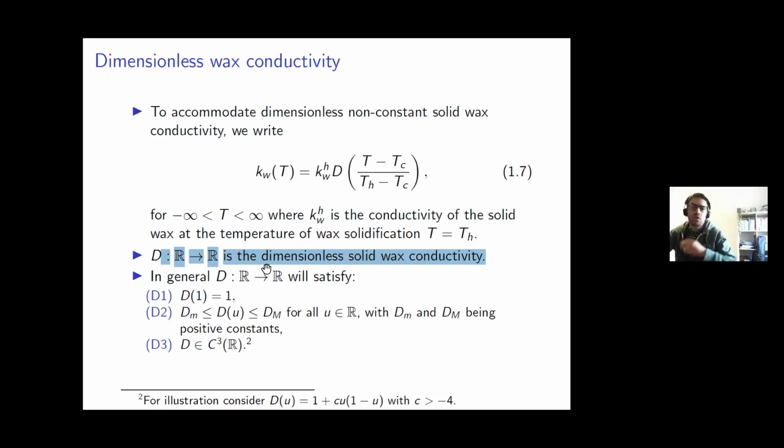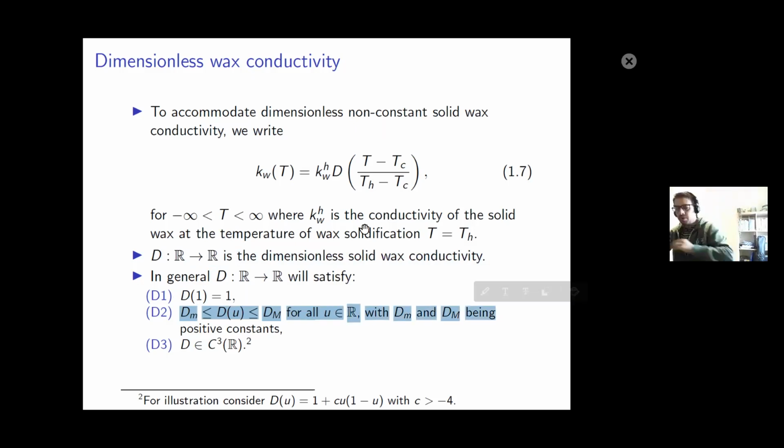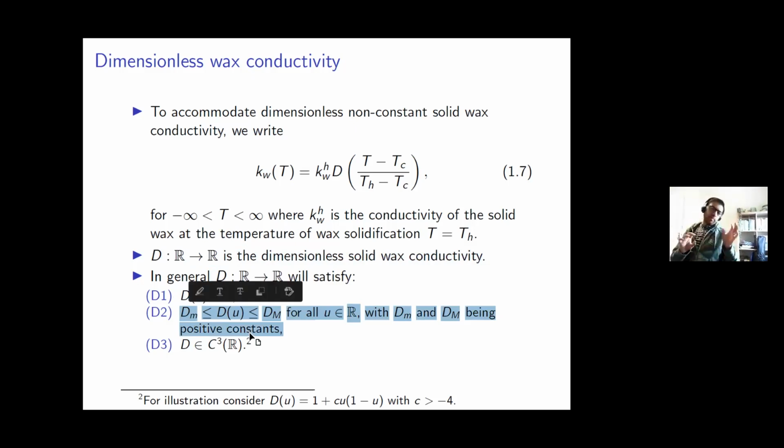And in this case, to simplify our problem in non-dimensional form, we impose that D evaluated at 1 is equal to 1. That's just for convenience, really. The second condition ensures that D is bounded below and above by two positive numbers. What this condition does is ensure that heat always diffuses from hot to cold.